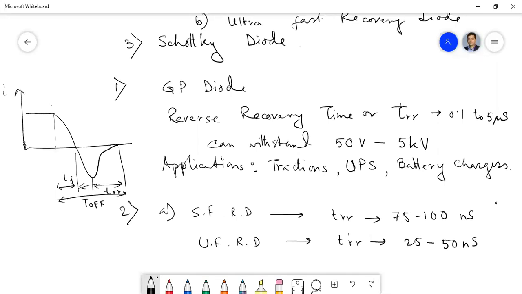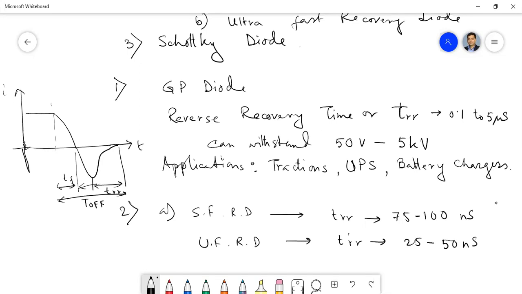And what is the exact phenomenon which occurs when we apply the reverse voltage when the diode is in on state? That I will discuss in the next class, because before that we have to discuss a little bit at the device level.